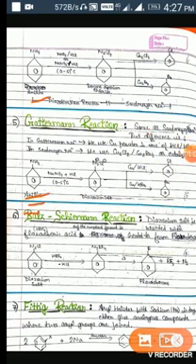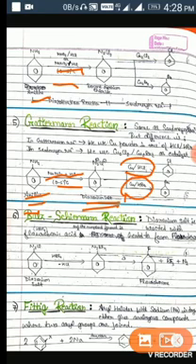There is aniline, and in the presence of NaNO2 and HCl and the same temperature range 0 to 5 degrees Celsius, we are getting diazonium salt. By reacting it with Cu powder in the presence of HCl or Cu powder in the presence of HBr, we are getting chlorobenzene or bromobenzene.